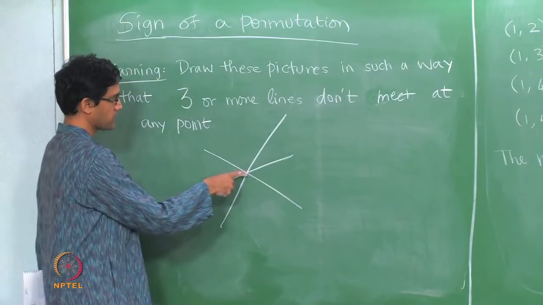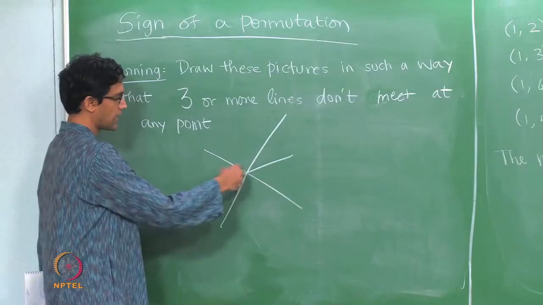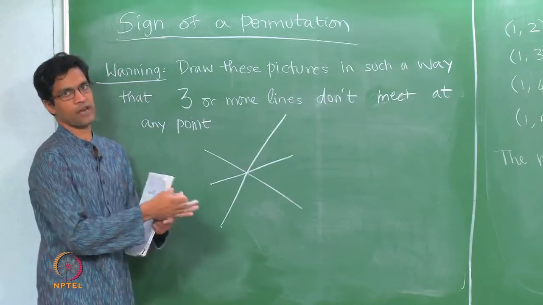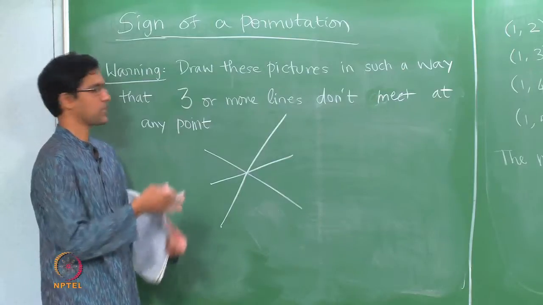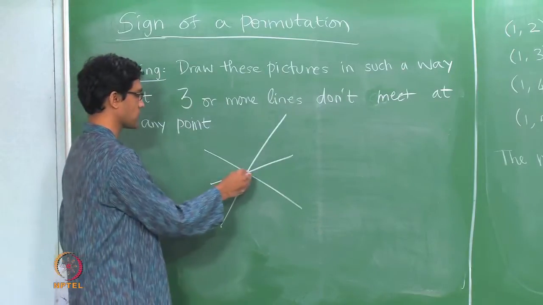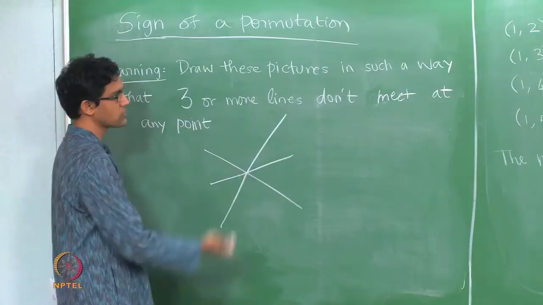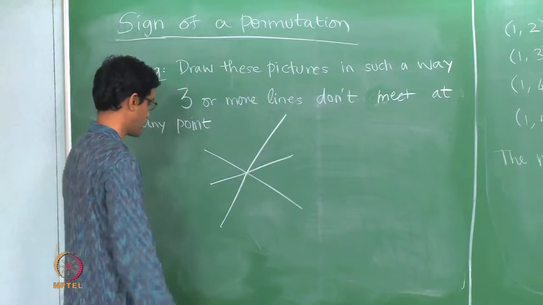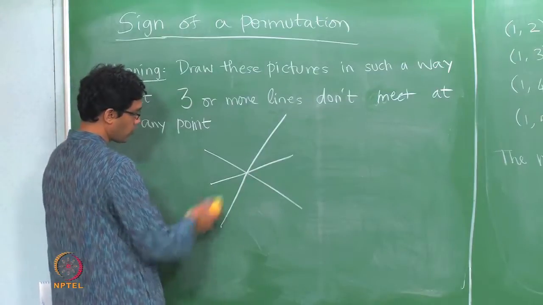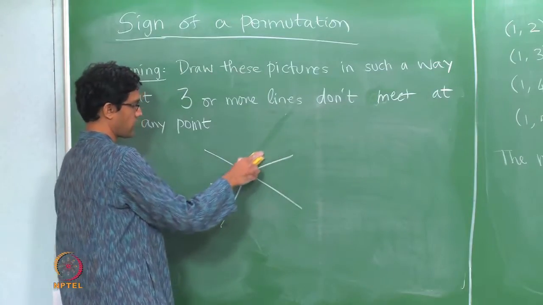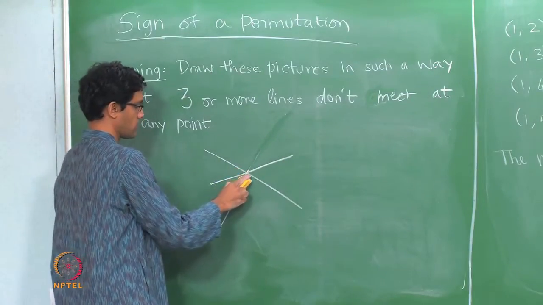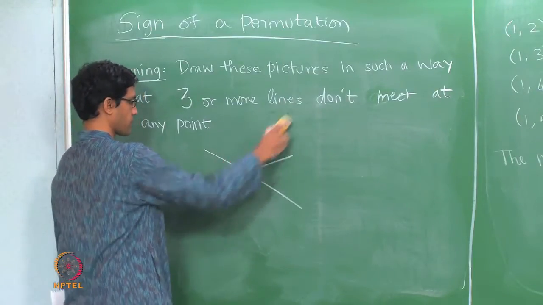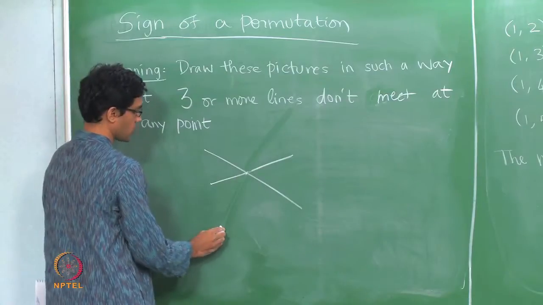So technically this is a point which really counts as 3 crossings, since there are 3 pairs of lines which go transversely to each other. But if you just draw it as a single point, then it is not so easy to do the counting. So what one should do when faced with drawing such diagrams, and this is something I did while I drew the previous diagram, is to just make the lines go gently around.